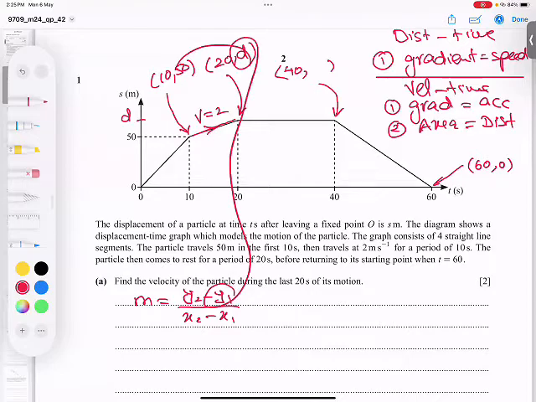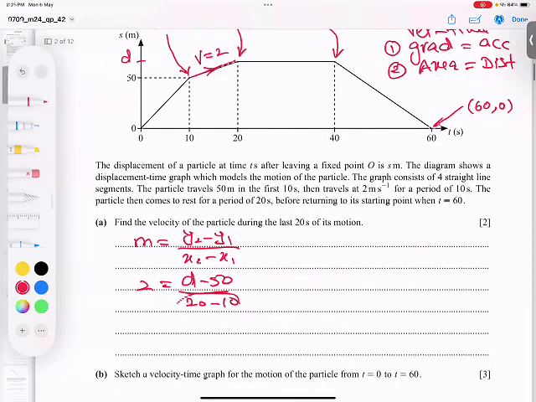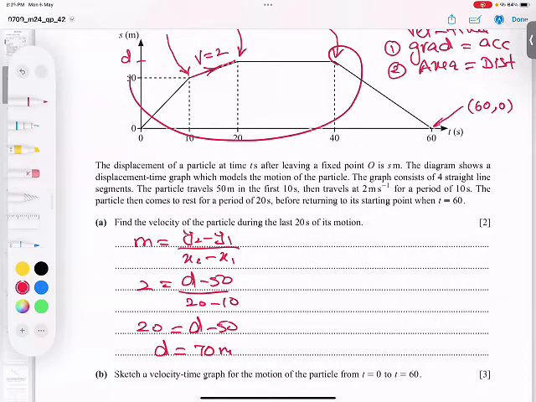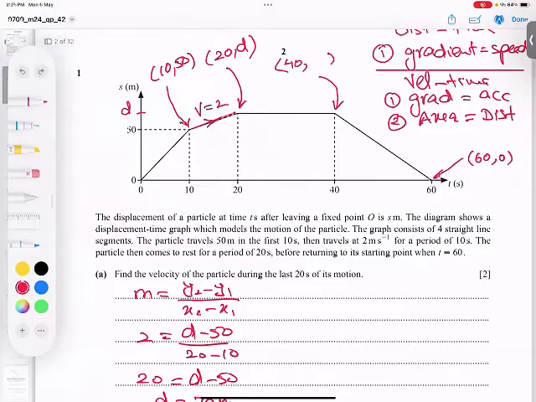So apply: D minus 50 over 20 minus 10, and the gradient is 2. So 10 multiplied by 2 gives 20. D minus 50 equals 20, 50 goes across and add, so the distance travelled is 70 meters. So this coordinate is 70 meters.